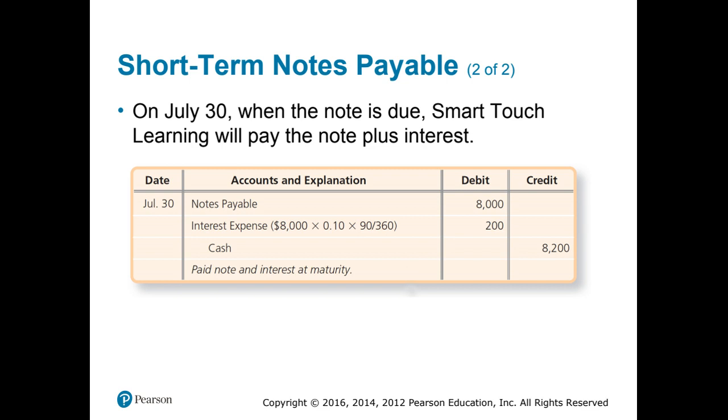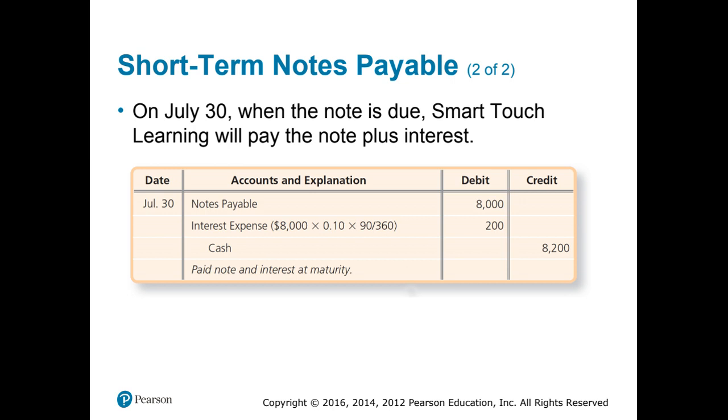Okay, so you're going to take the amount of the note, and you're going to multiply that by the percentage of interest, and then you're going to multiply that by the number of days until it's due.